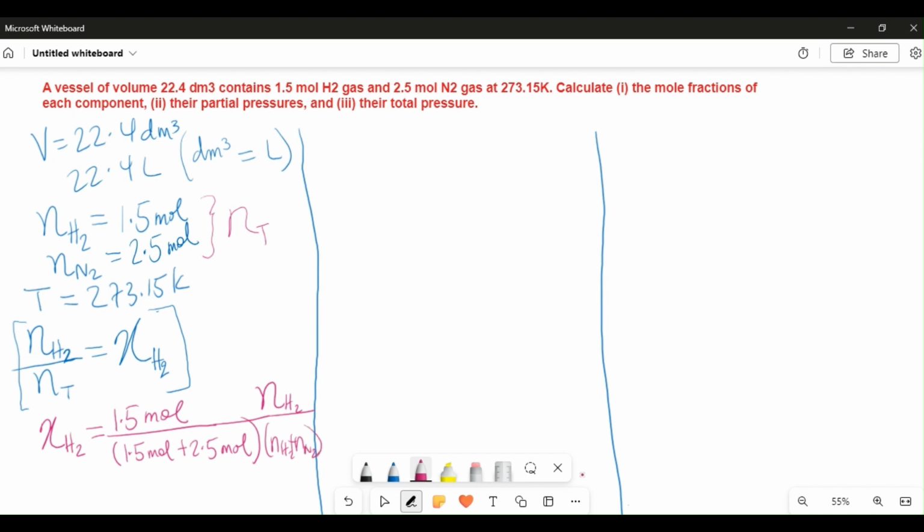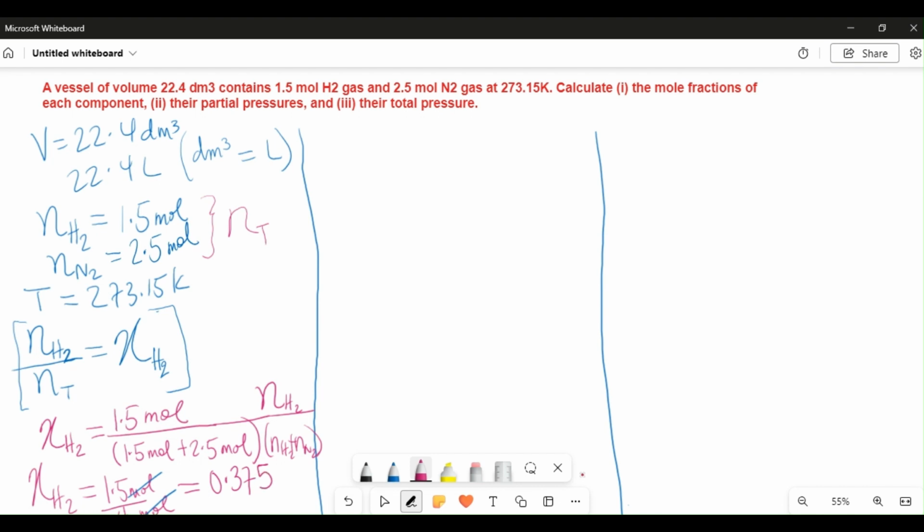We're adding the number of moles of N2 and H2. So XH2, the mole fraction of H2 gas, is 1.5 divided by 4. We are going to cancel out the number of moles because that's how we do it in chemistry, to get 1.5 divided by 4, which is simply 0.375 for the mole fraction.